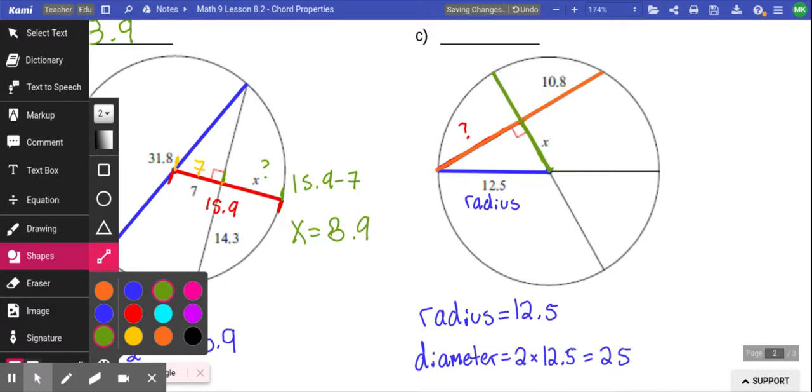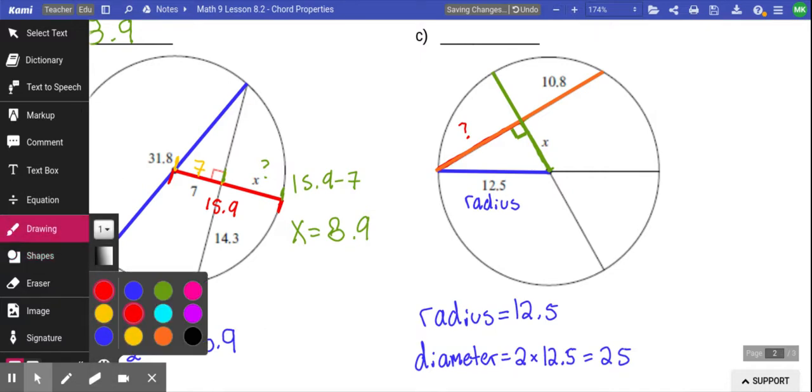And it's connecting to the center, and it created a 90-degree angle. So because I have a chord, my orange line, and it's being cut by another line at 90 degrees that is also touching the center of the circle, then I know that this is perfectly cut in half, meaning that those two sides must equal each other.